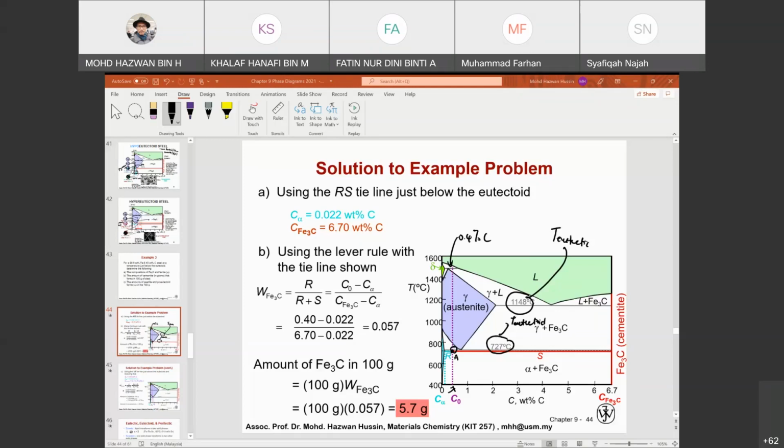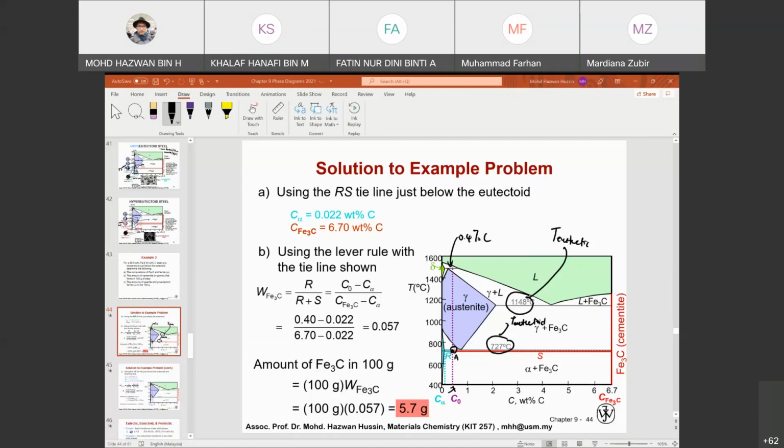Li Jing, are you there? No, cannot hear anything from Liu Jing. Mardiana Zubir? Hello? Yes, okay. Mardiana, what is its phase? Point A.